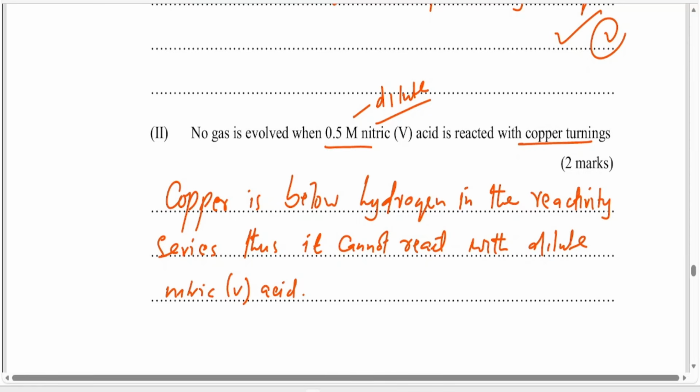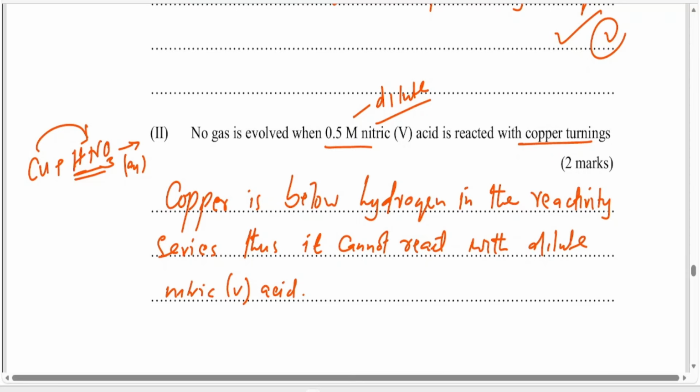Copper is below hydrogen in the reactivity series. So if I was to react copper with any acid which is dilute, there is no way copper can displace the hydrogen from this acid so that it forms copper 2 nitrate.